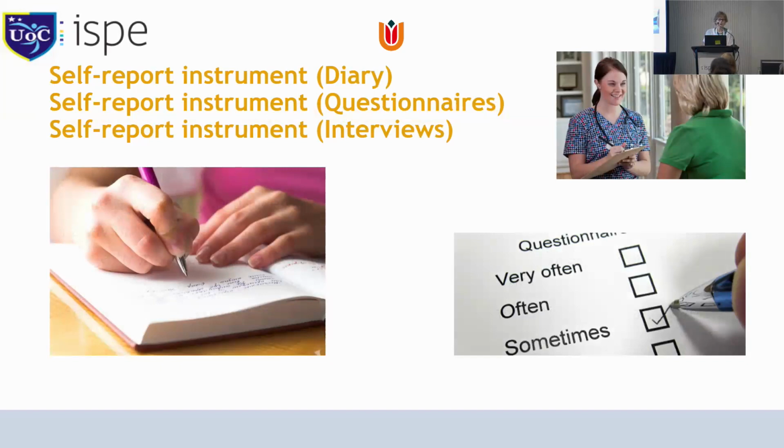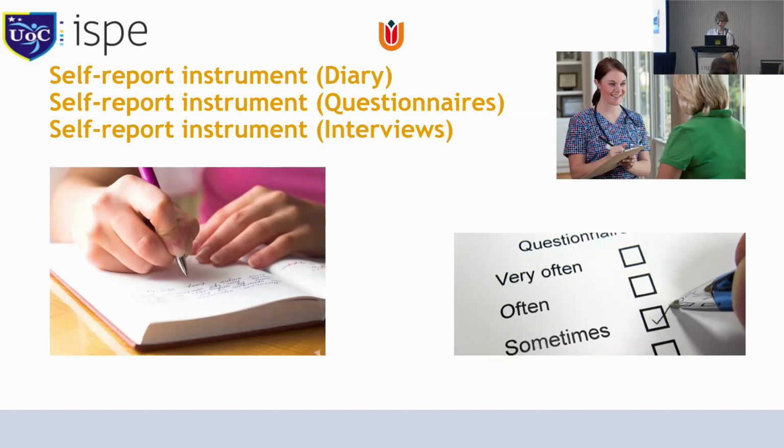There are 3 frequently used instruments. For example, using a diary. With a diary, you can ask your respondents to report on a daily basis on the use of their medicines. By means of a questionnaire, you can collect quantitative data on adherence.